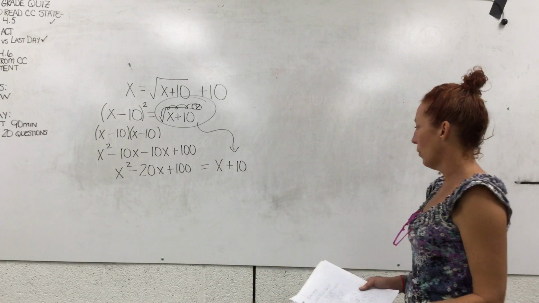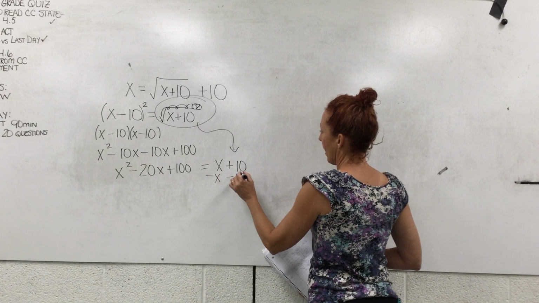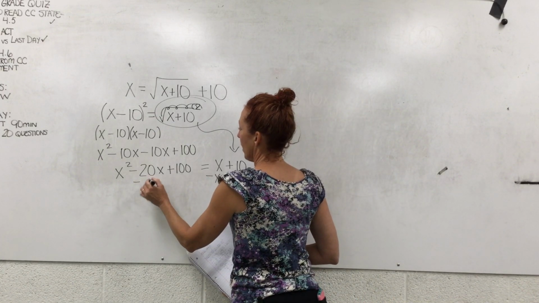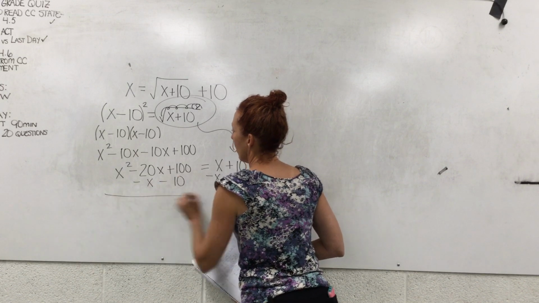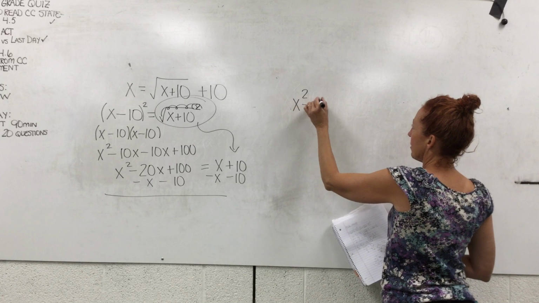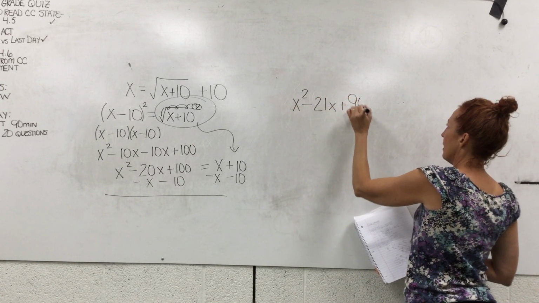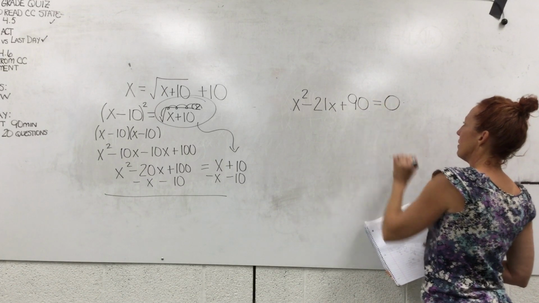Get everybody on one side. So we're going to subtract that x, subtract that 10, subtract the x and the 10, and we end up with x squared minus 21x plus 90 equals 0.